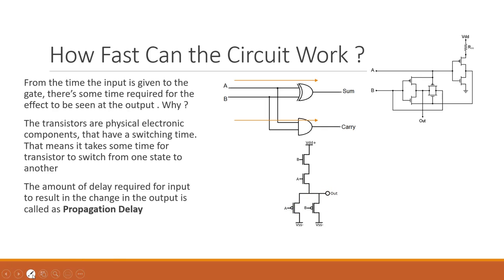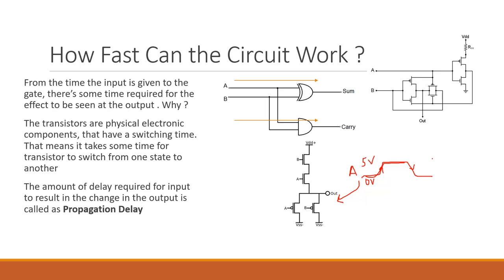It's something like this: this is how the real inputs are. This is a voltage signal. This is 0 volts, and this you can consider as 5 volts. This is how the input will be. This is called the rising edge, and this is called the falling edge. So this is the voltage signal that goes as input to this circuit.